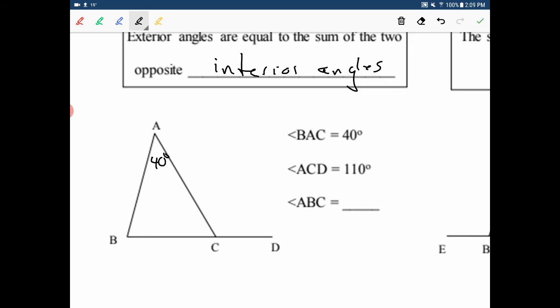And angle ACD is 110 degrees. What it's saying is that this 110 degrees is going to be equal to this one plus this one. So if we do 110 minus 40, which gives us 70 degrees, that gives us this angle right here. So 40 plus 70 is equal to 110.